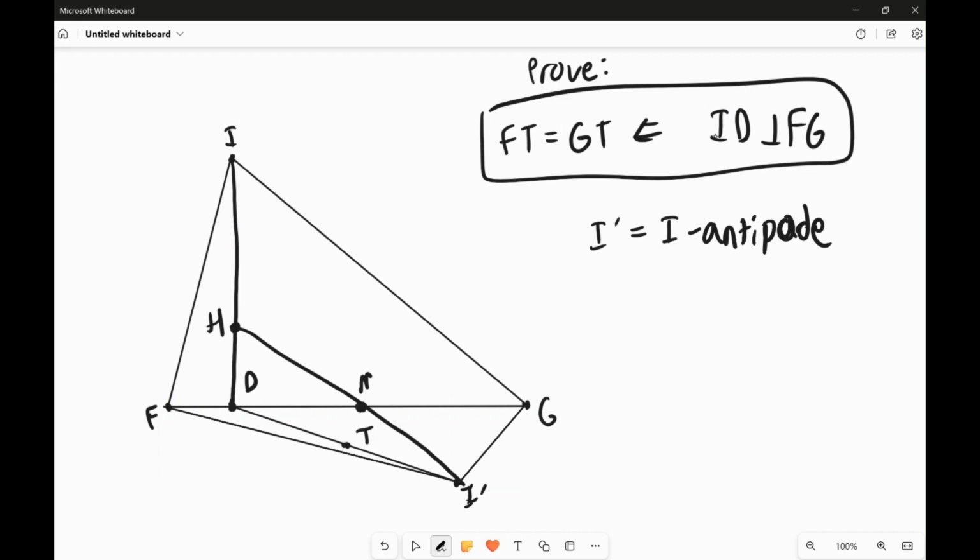So I'll just call it M. Sorry if it's a bit off-center. And moreover, the midpoint of the line II prime, by definition, is the circumcenter of the triangle.